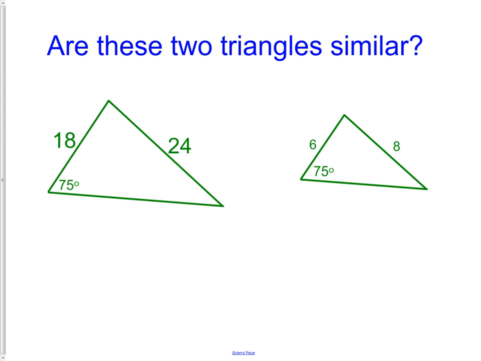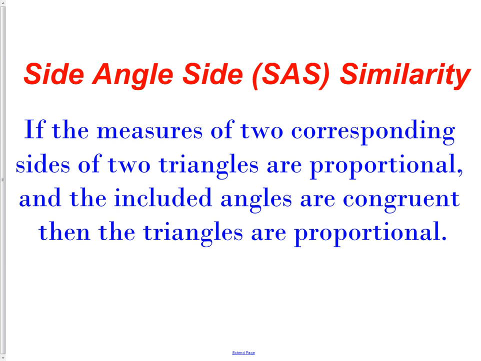Next, we have two sides and an angle again. So we think we should be able to try side, angle, side. The problem though is, remember, the definition of side, angle, side is that the angle is included between the sides.